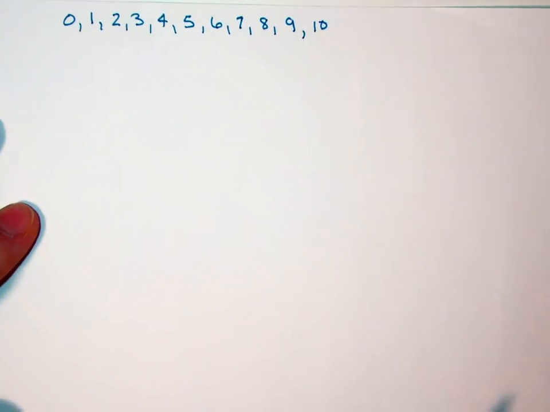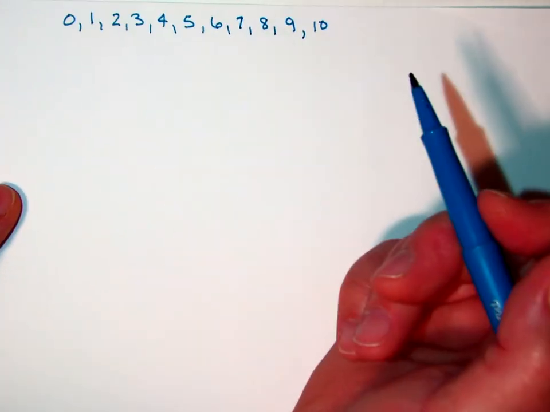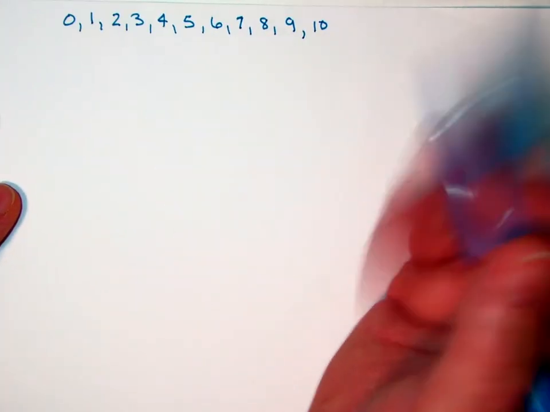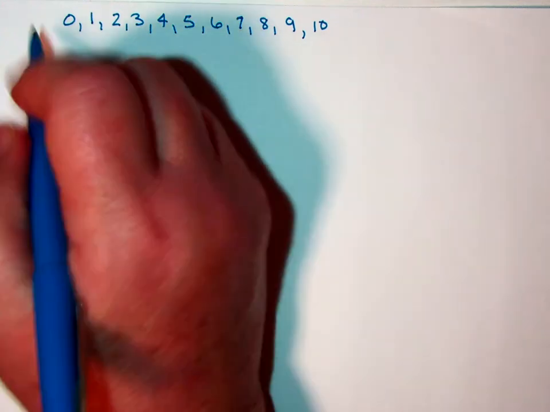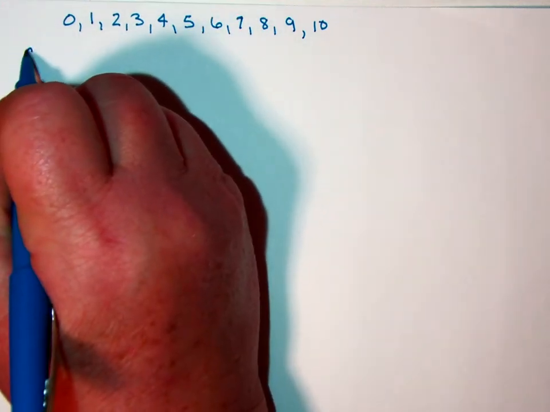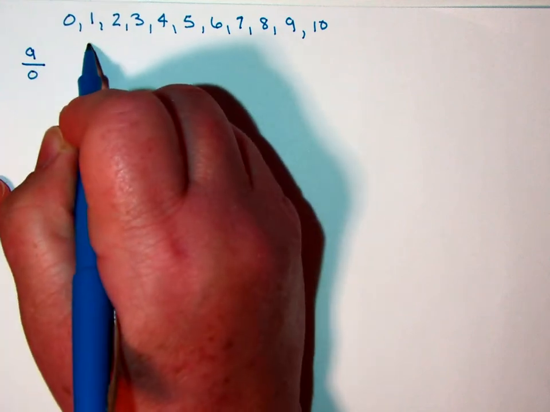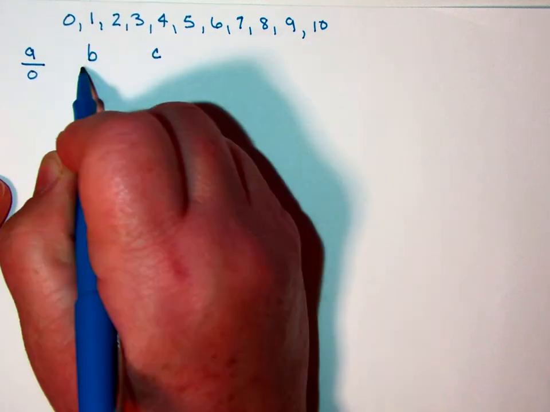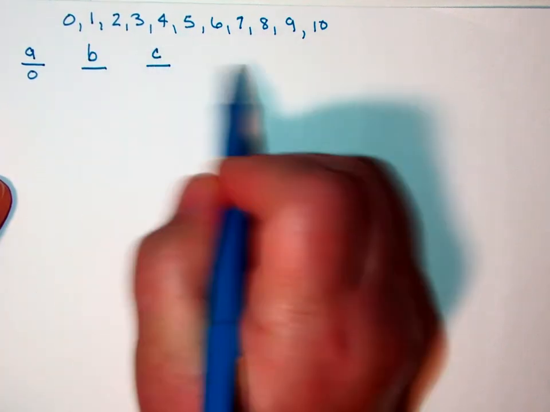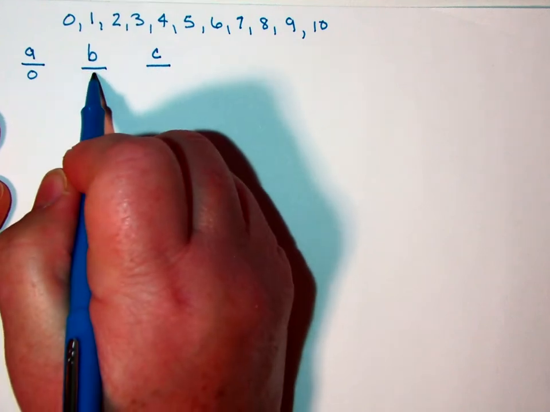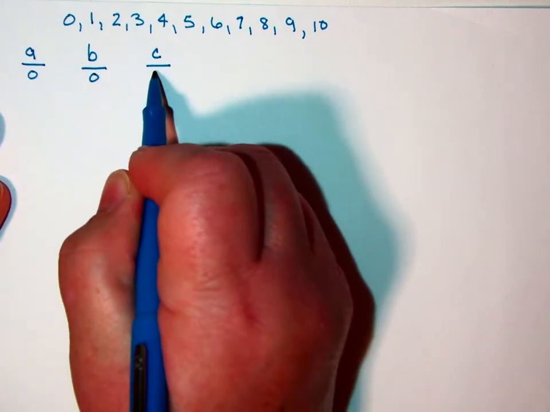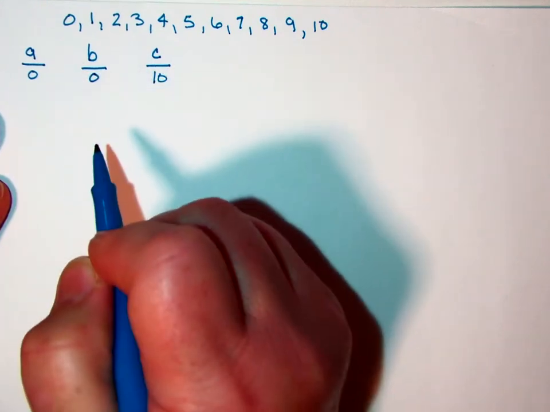Those are our only possible values for A, B, and C. So let's do this systematically. Let's start out with the possibility for A. If A is 0, and I need a sum of 10, let's say B is 0, then C would have to be 10 because everything has to add up to 10.